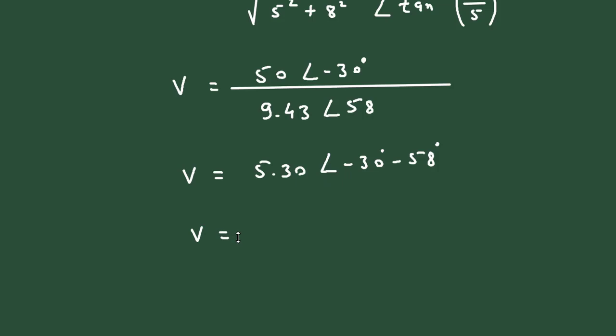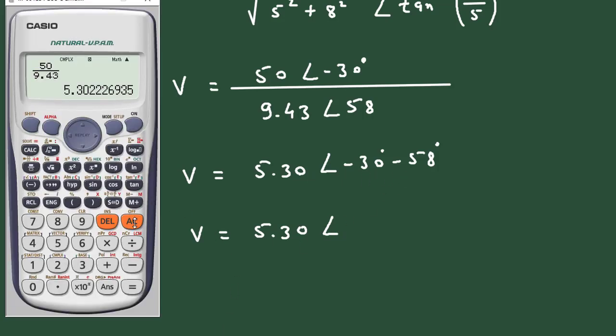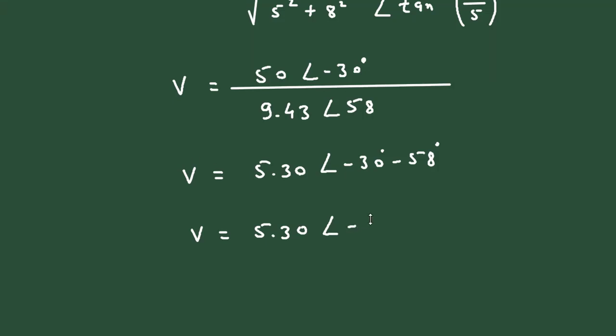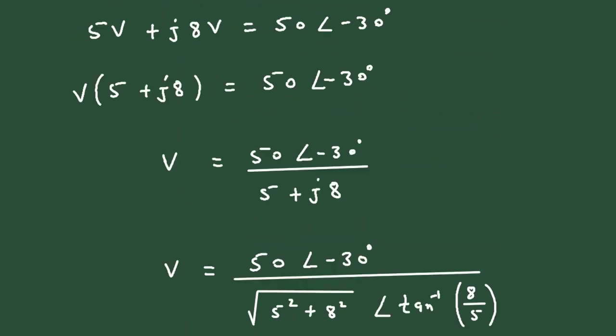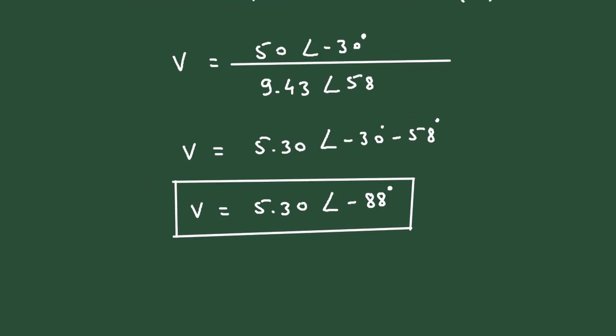So therefore V is equal to 5.30 at an angle. Now this will be minus 30 minus 58. So it is minus 88 degree. So this is the value for V and it is in phasor domain form, or we can say it is in polar form.